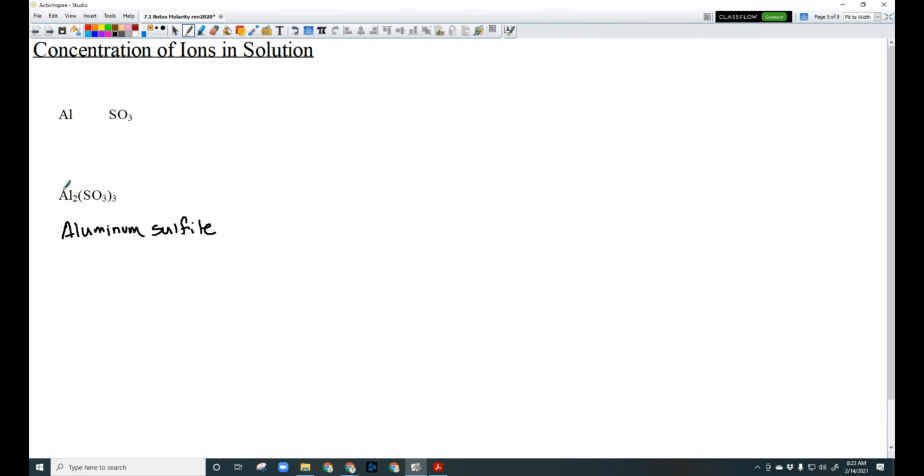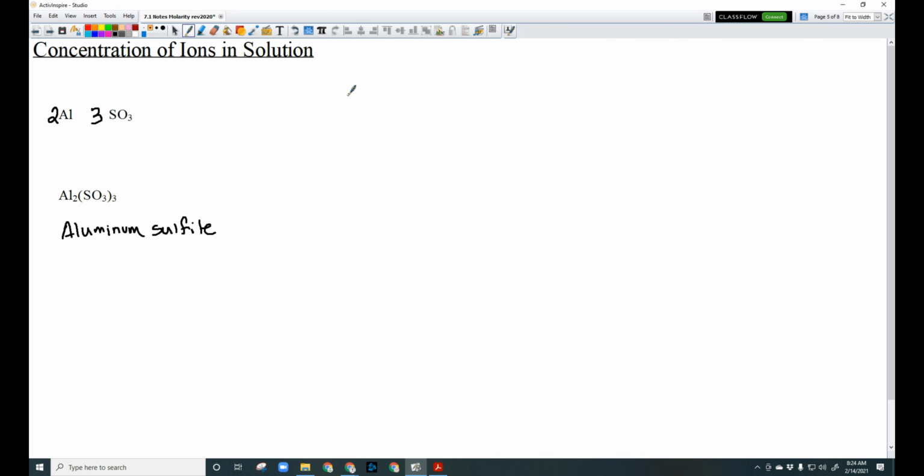Aluminum sulfite is made of 2 moles of aluminum and 3 moles of sulfite. So the law of molar ratio says that for whatever concentration we have of aluminum sulfite, when this dissolves, we're going to get 2 times that concentration of aluminum ions and 3 times the concentration of the sulfite ions.